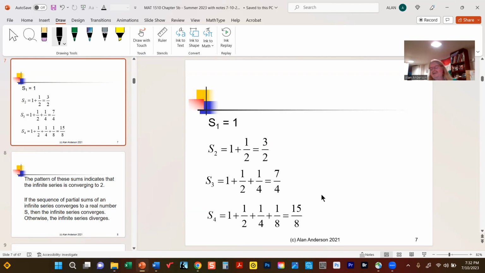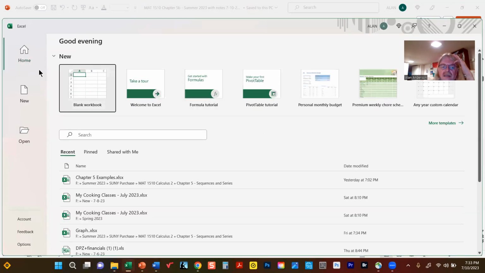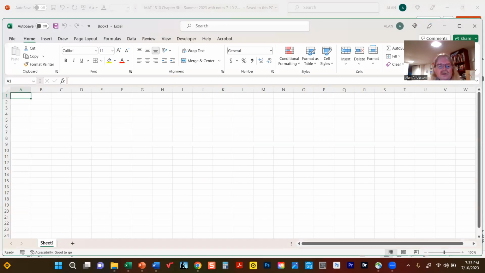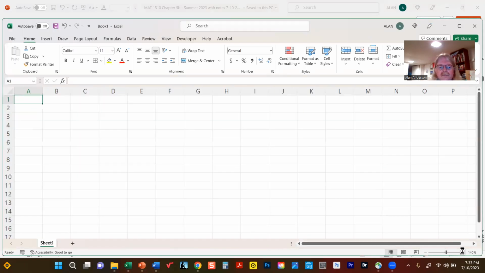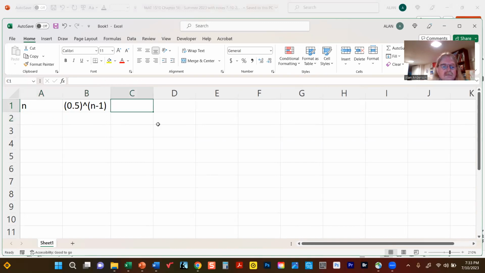And by the way, one way you could do this, if you're really interested, you could just go into Excel and put together your own terms without it taking all day. You could, for example, put n here, and then you would have 1/2 or just 0.5 raised to the n minus 1 power, and then you would have the sum.